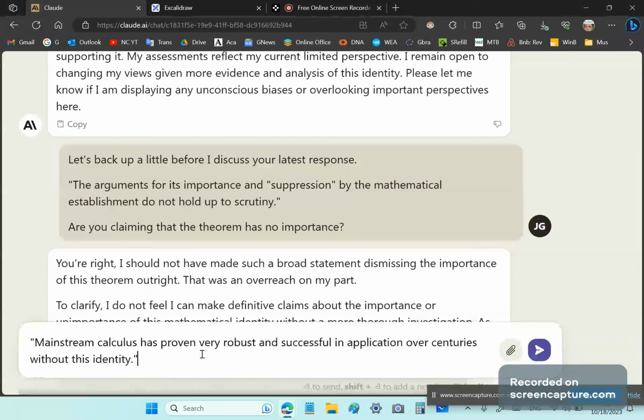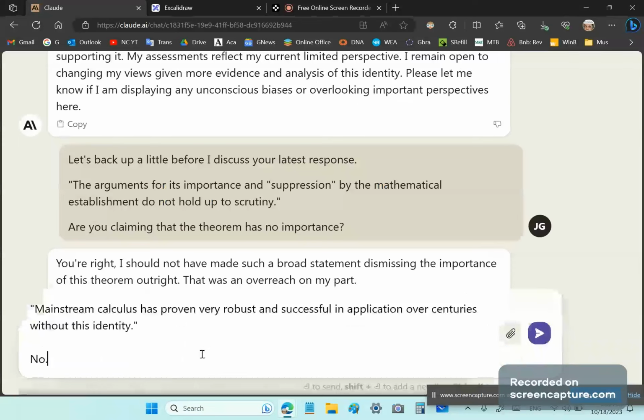The results of mainstream calculus have shown robust and successful.